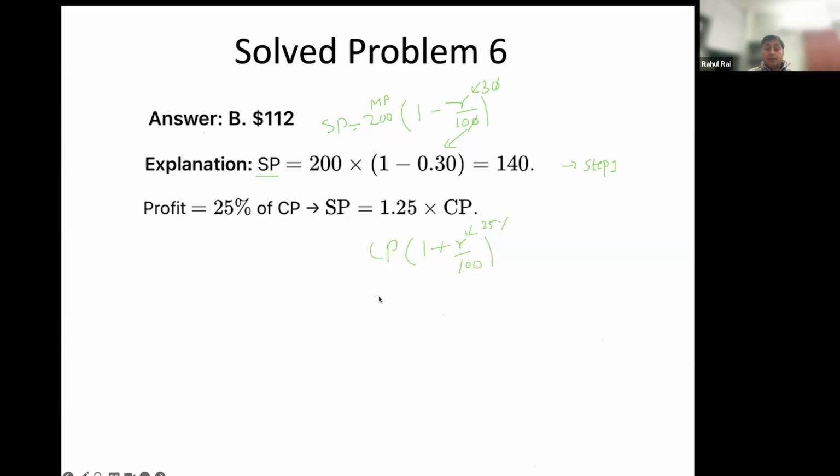So this will become CP times 1.25, and that is going to be equal to the sales price. But we already know the sales price from here, so we'll substitute that sales price here. And now I can find CP by dividing this whole thing by 1.25, right? And if you simplify this, it should come out to be 112. So that's how you get this overall solution.